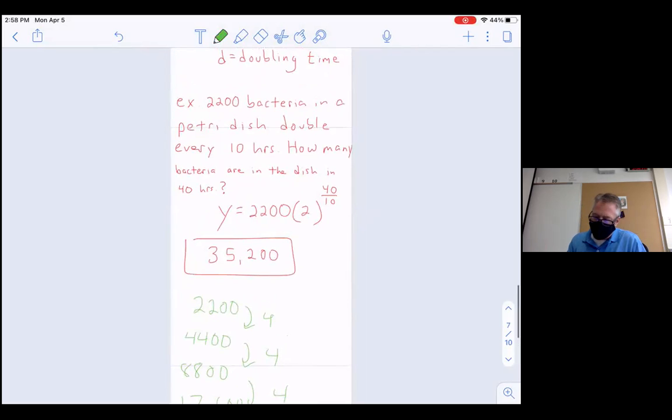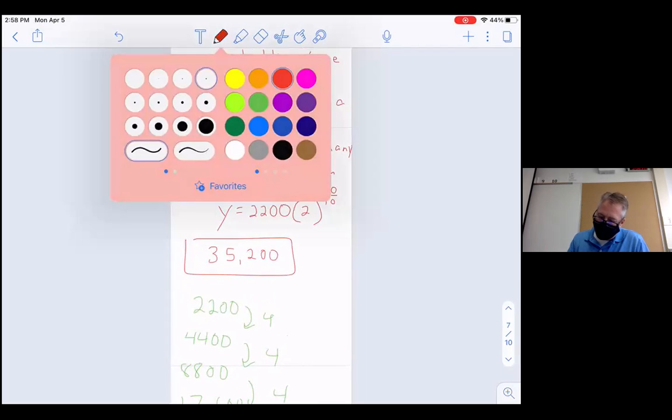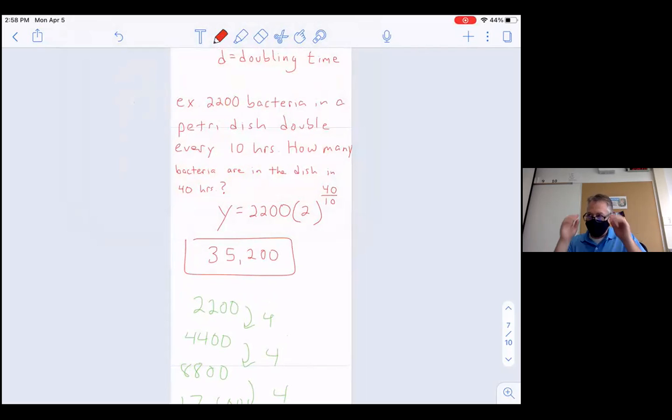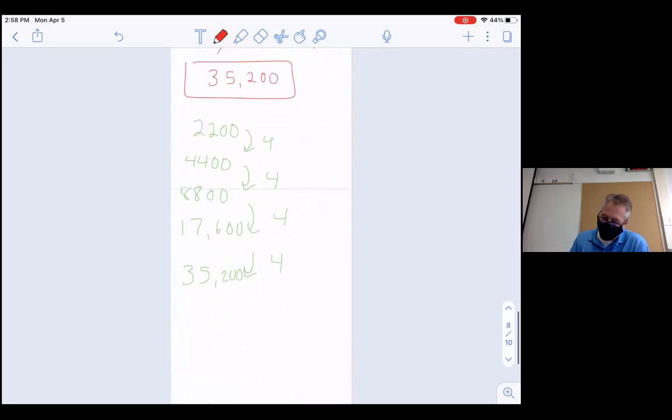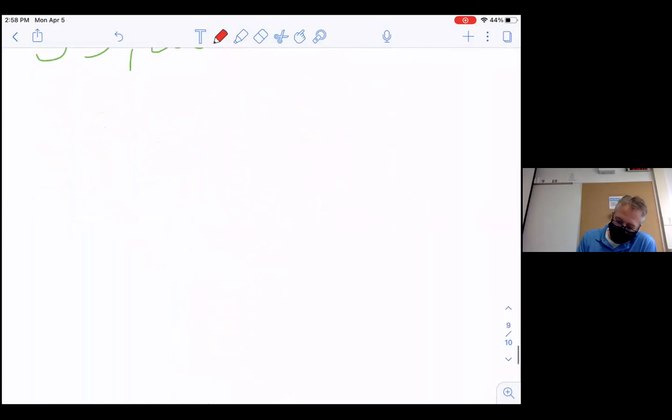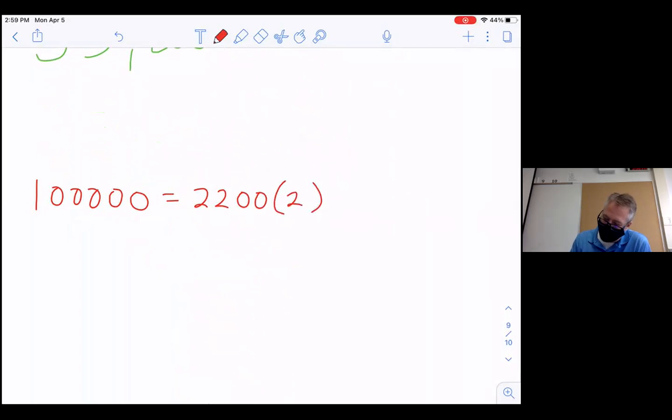All right, and just to give you a little glimpse, what if I changed the question? I said, how long is it going to take for us to have 100,000 of these things? So now we're solving for time, right? So 100,000 equals 2,200 times 2 to the t over 10.